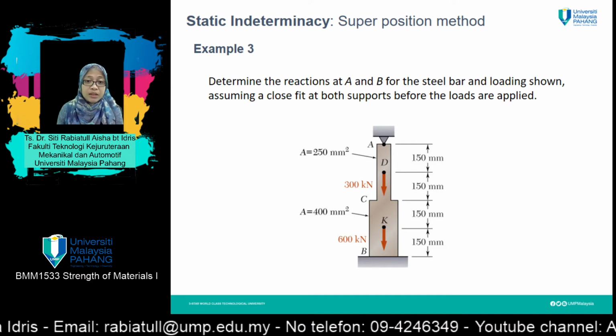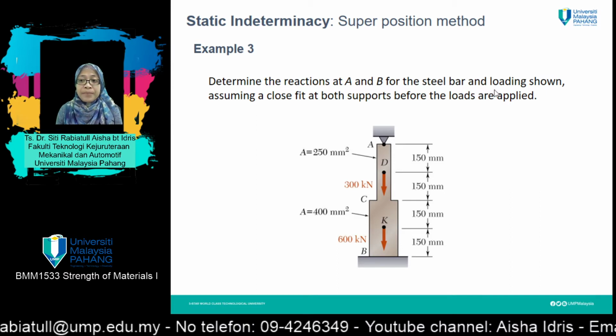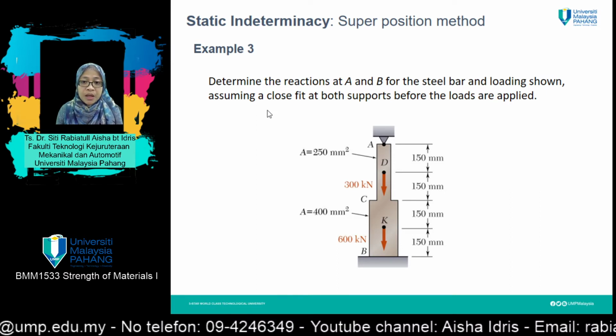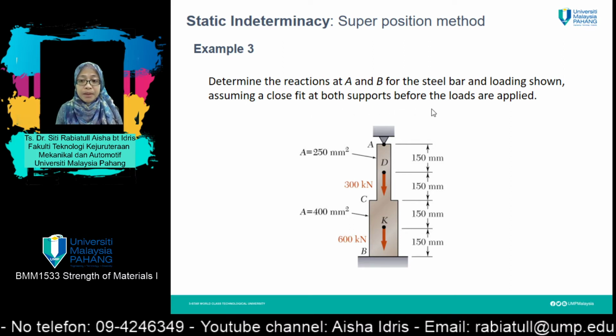Let's read the question together. Determine the reactions at points A and B for the steel bar and loading as shown in the figure, assuming a close fit at both supports before the loads are applied.